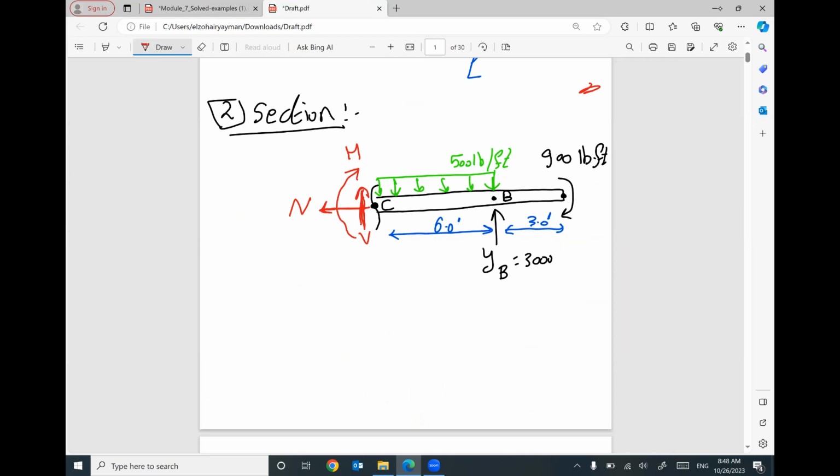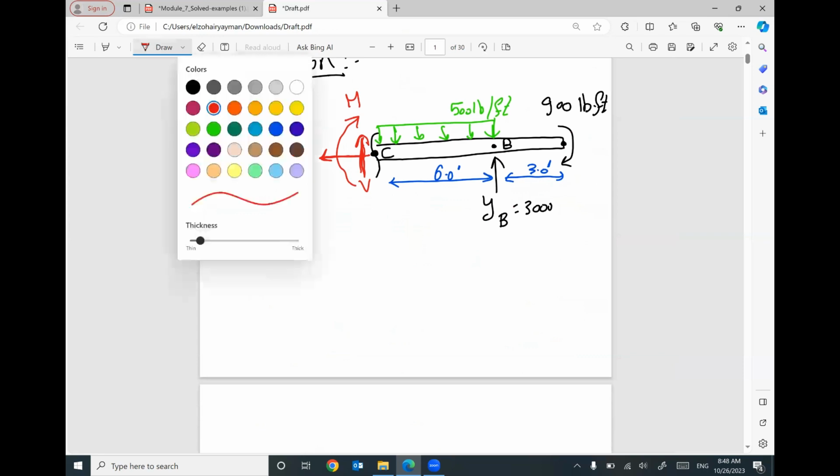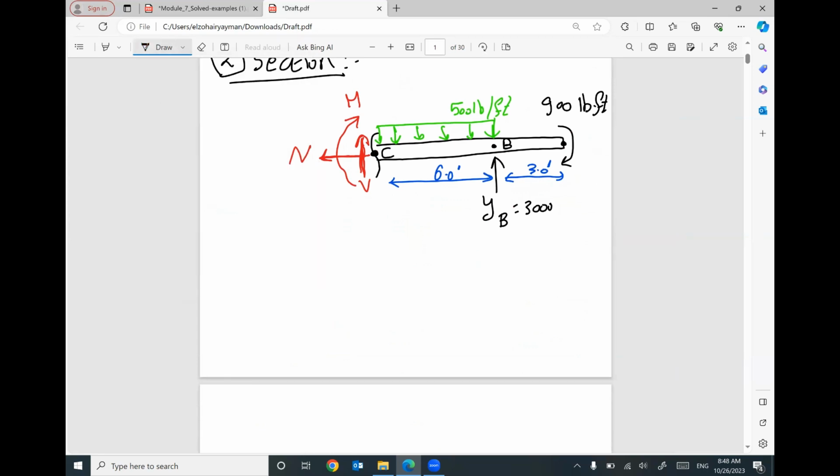Once you set up your part and you put the internal forces at your section, I need to apply my equilibrium equations one more time. Summation Fx equals 0 for this part only. Summation Fy equals 0 for this part only. And the summation of moment at any point equals 0 for this part only.